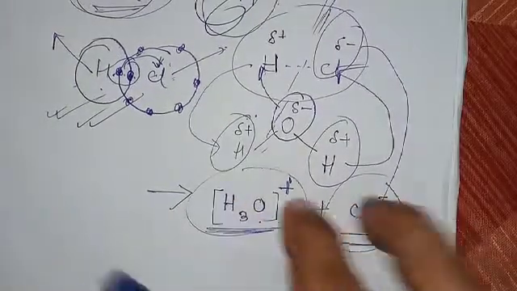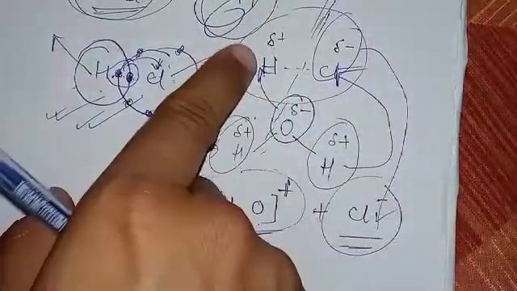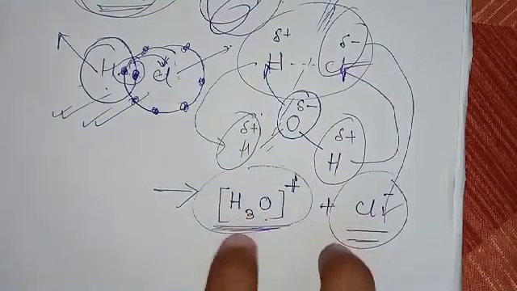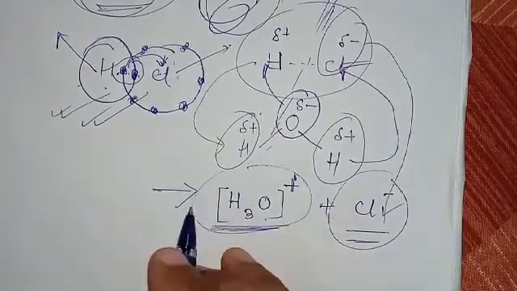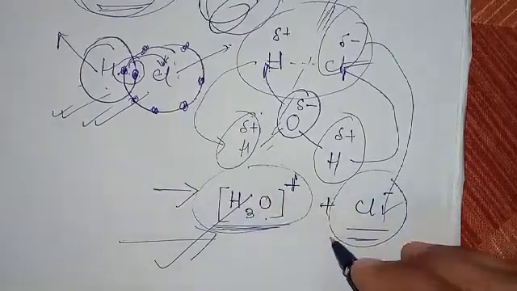Due to the presence of these cations and anions in the solution, that is, the polar covalent compound in water, it will allow electricity to pass. That is why polar covalent compounds are able to pass electricity, because of the presence of the hydronium ion and the anion.